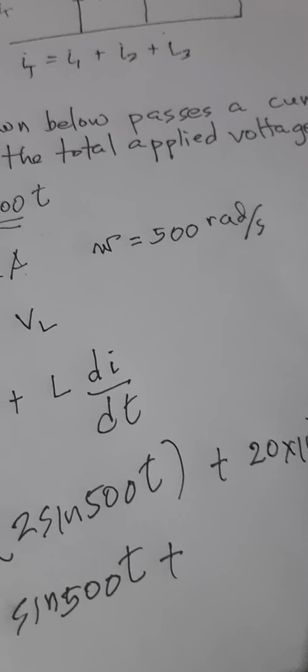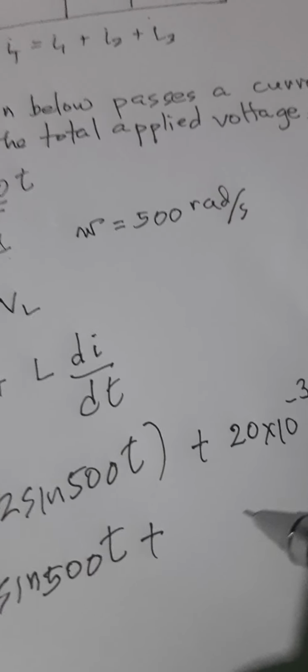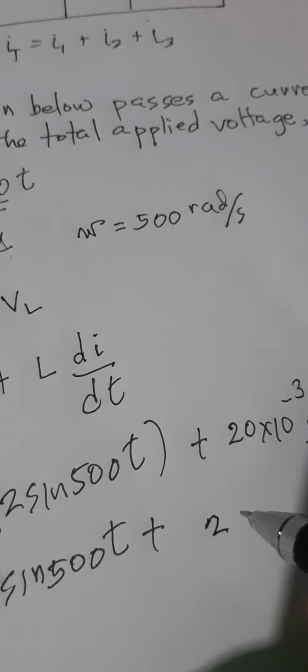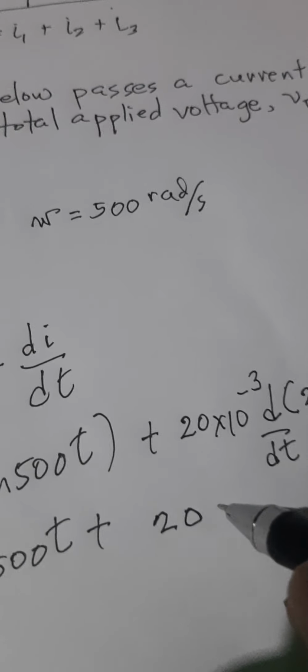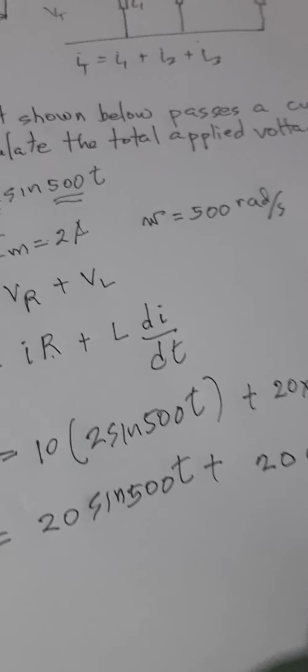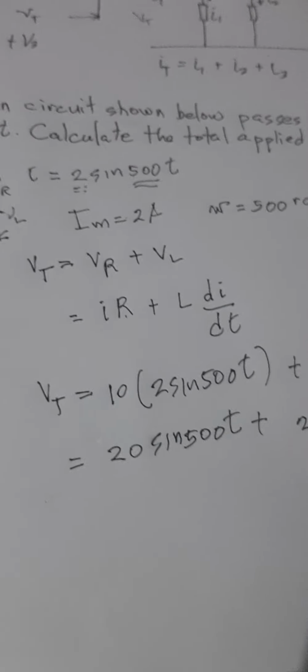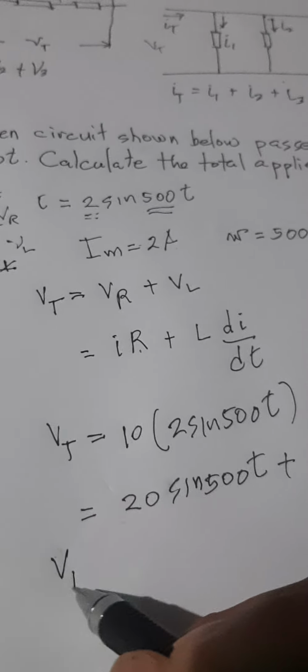This is 1,000 multiplied by 10 raised to negative 3, kaya 20 na rin yung value. Then yung derivative ng sine 500t is cosine 500t.